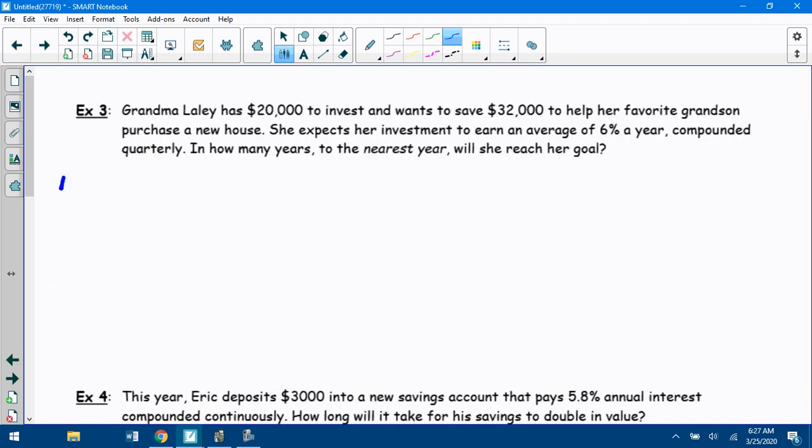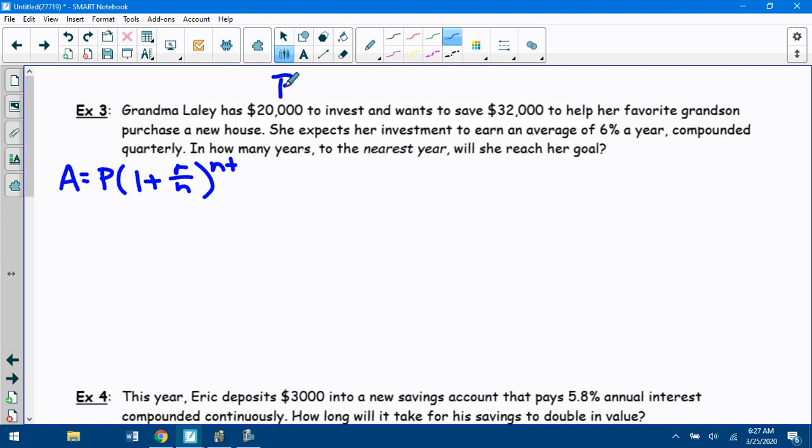So we're going to have A equals P times (1 plus r over n) to the nt. Now, even though it doesn't tell us to make a formula, let's write it before we figure out what we're plugging in. What do I know? I know 20,000 is P because that's the amount that she's investing. She wants to save 32,000, okay.